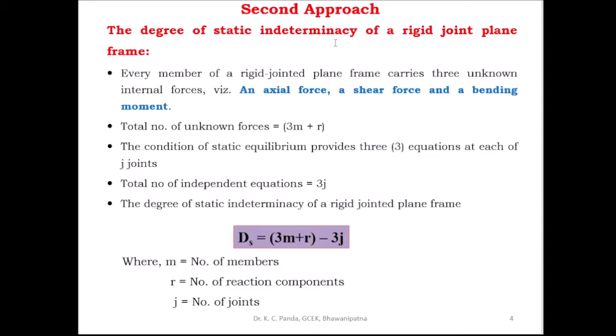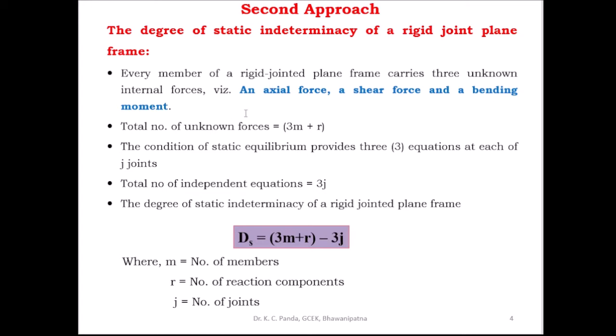Then coming to the second approach, in this approach, the degree of static indeterminacy of a rigid jointed plane frame can be directly determined. We know every member of a rigid jointed plane frame carries three unknown internal forces: an axial force, a shear force, and a bending moment.